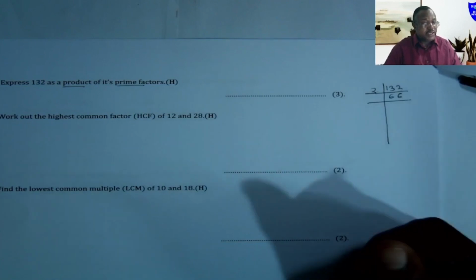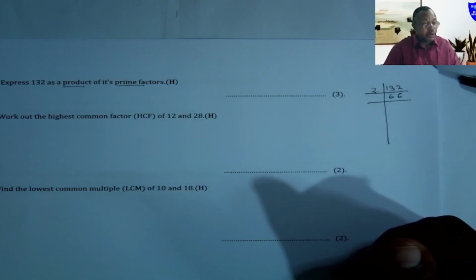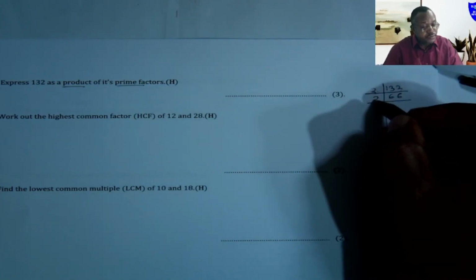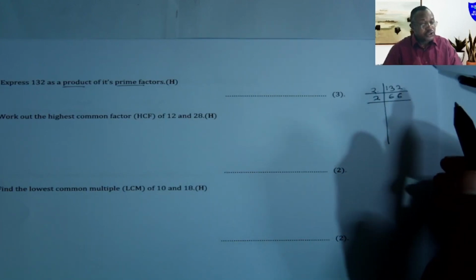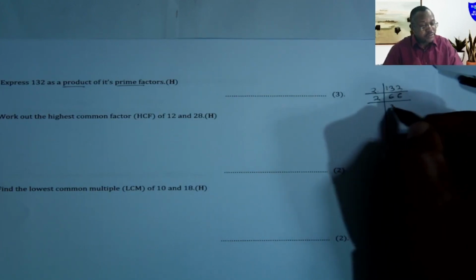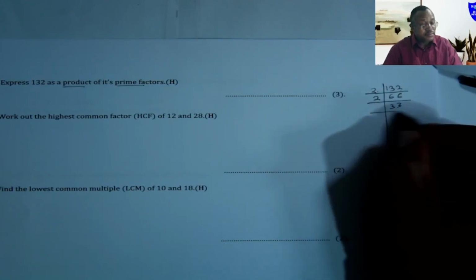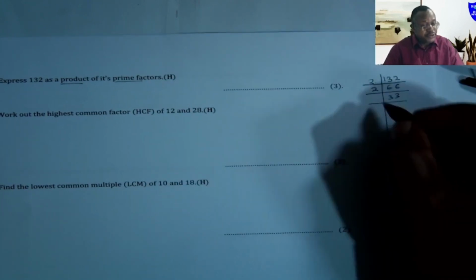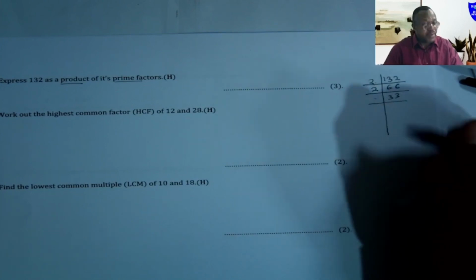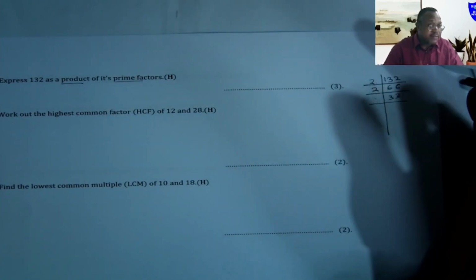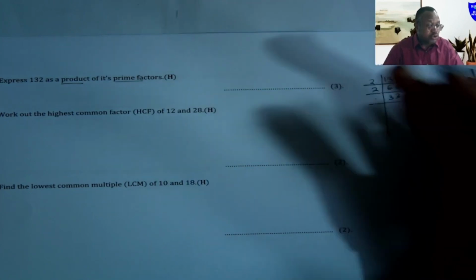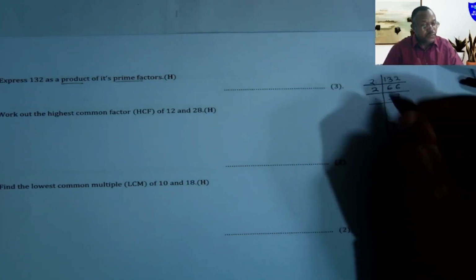Then at this stage, we can continue dividing by 2. 2 into 66, we get 33. Then again we divide 33 by a prime number. In this case 2 cannot divide 33 exactly, so that's not a good prime factor there. So we look for 3.